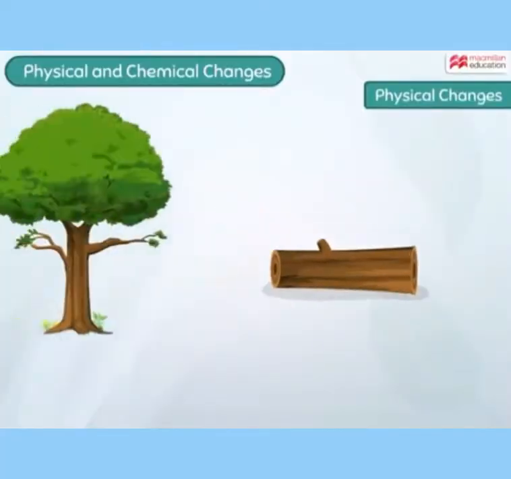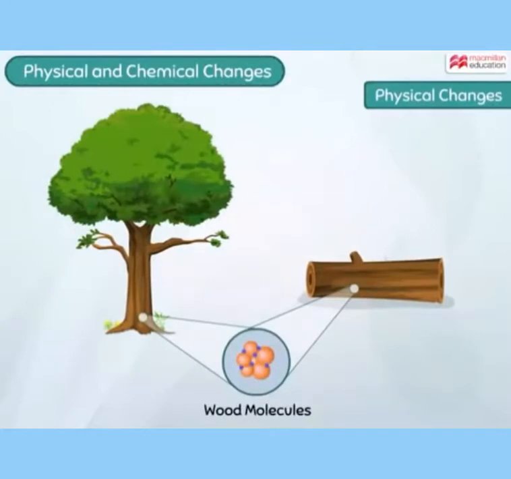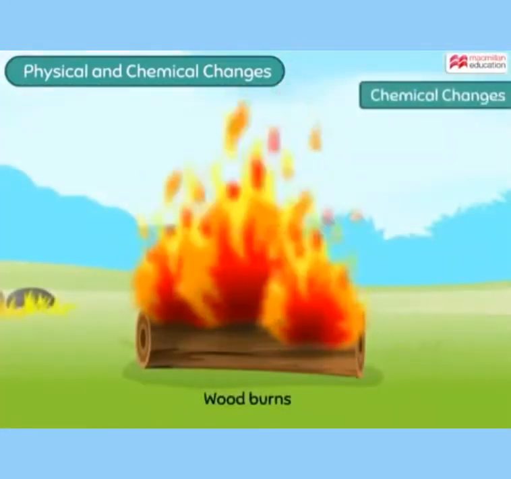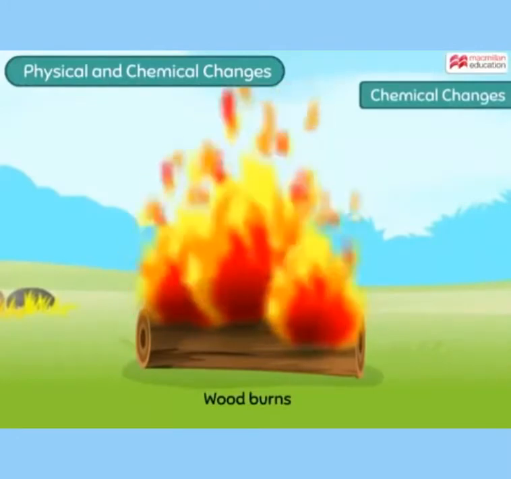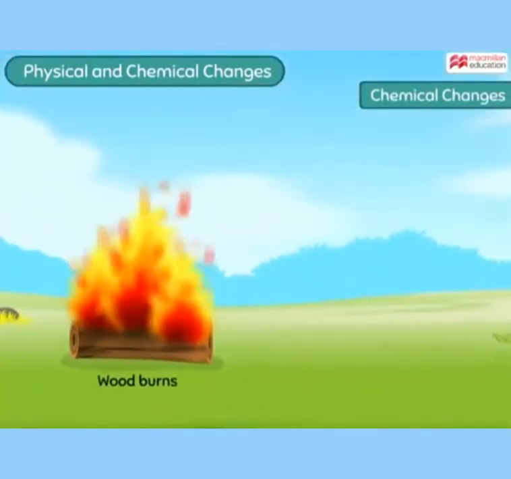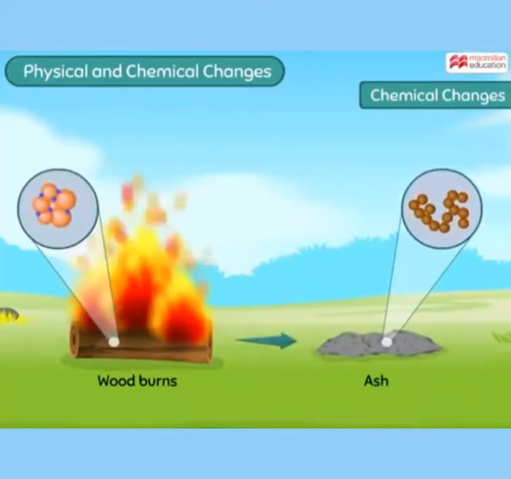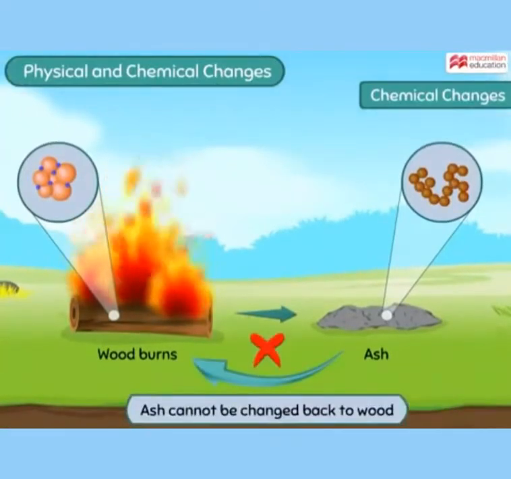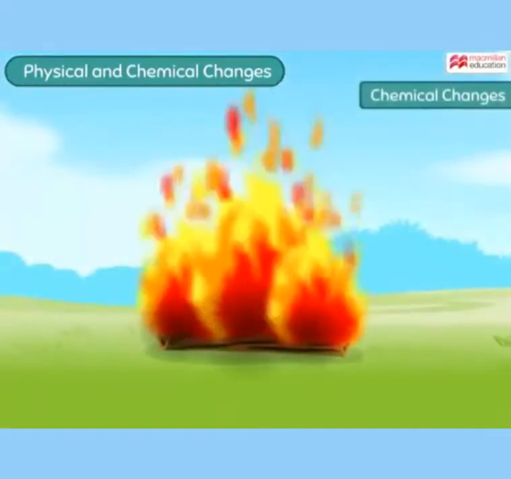Here is a log of wood. Even after being cut from the tree, the wood molecules remain the same. But what happens when this log of wood is set on fire? Upon burning, the wood changes into ash, and ash is a new substance which has different chemical properties than wood and it cannot be changed back into wood again.